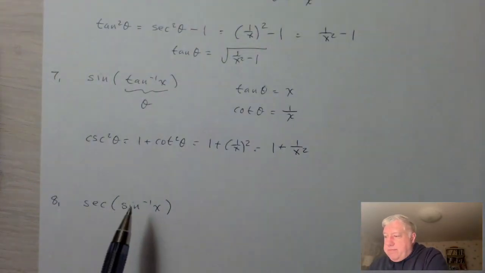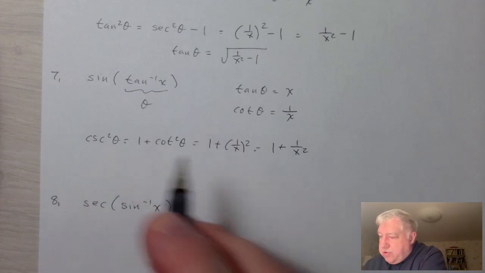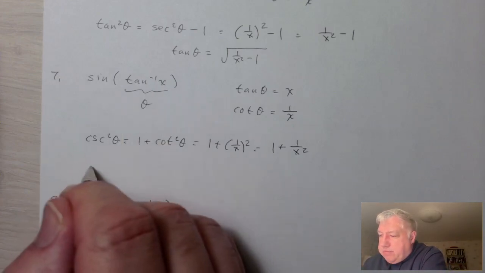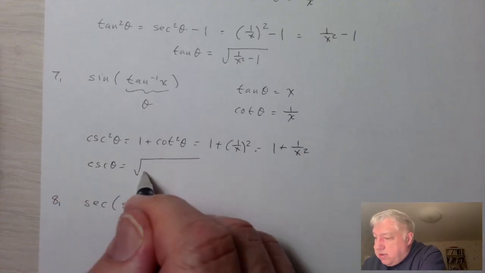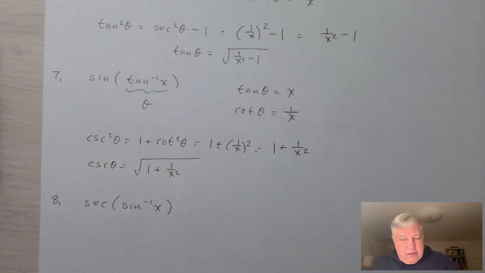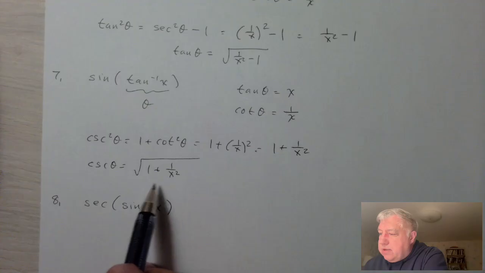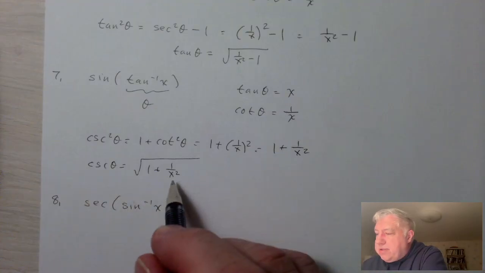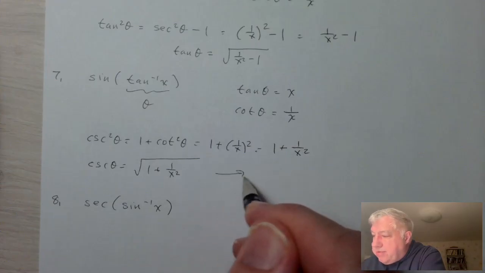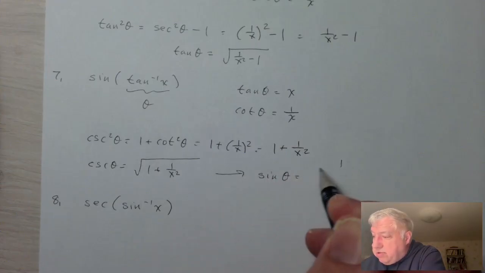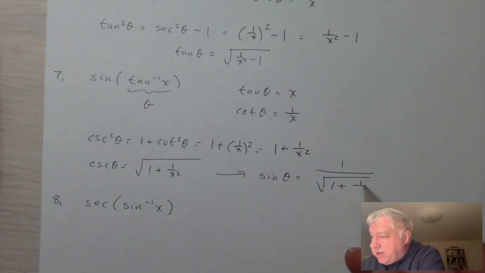And then that means if we take the square root, the cosecant of theta is going to be the square root of 1 plus 1 over x squared. And then the sine is going to be the reciprocal of that. So the sine of theta will be 1 over the square root of 1 plus 1 over x squared.